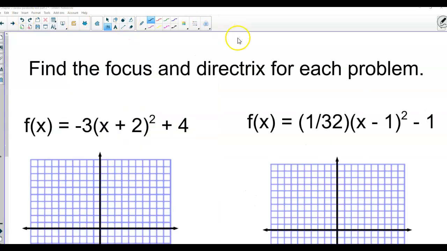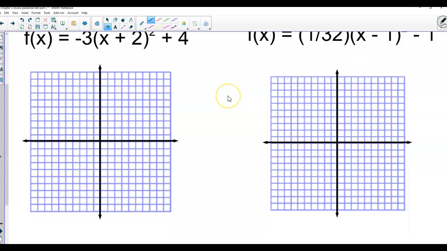So before I can get my focus and directrix, I think it's a good idea to establish what your vertex is. In this case, it's -2, 4. -2, 1, 2, 3, 4. And the a term is -3, negative. So it opens downward. I don't care if this is an exact graph or not.